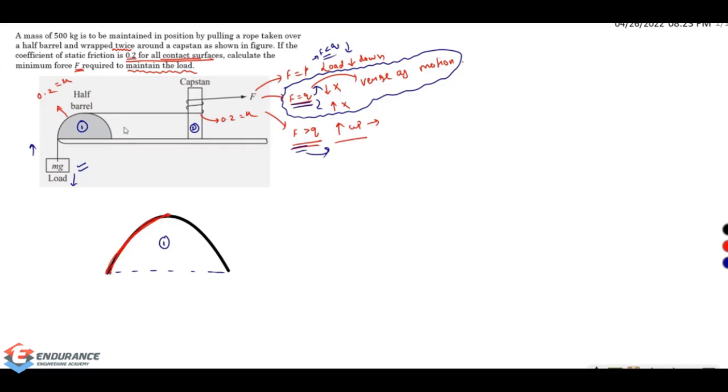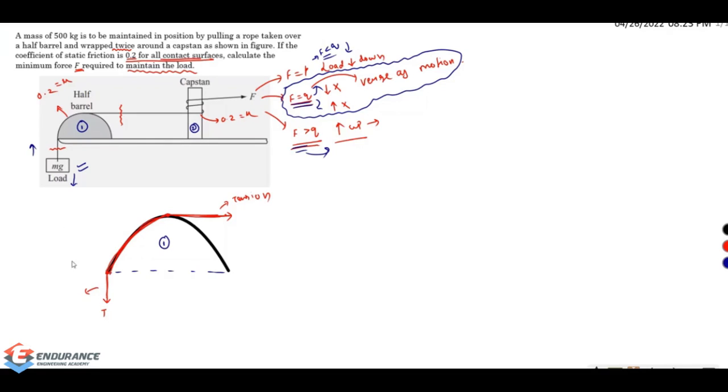If I'm drawing a free body diagram for this, I'm cutting it here and I'm cutting it here. So this end of the rope is going to have some tension, let it be T, and this end is going to have some tension too.